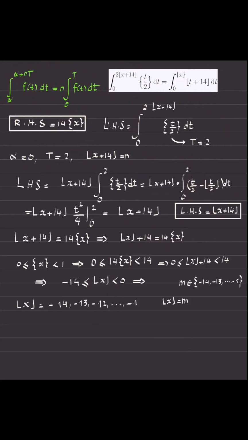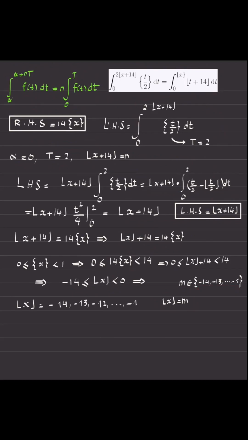This is the only possibility for the floor of x. Still, it is not guaranteed that all these m's are acceptable, but this tells you that if this is going to be true, the floor of x should be m, an integer in this set. The floor of x cannot be outside this set. It should be one of these numbers.